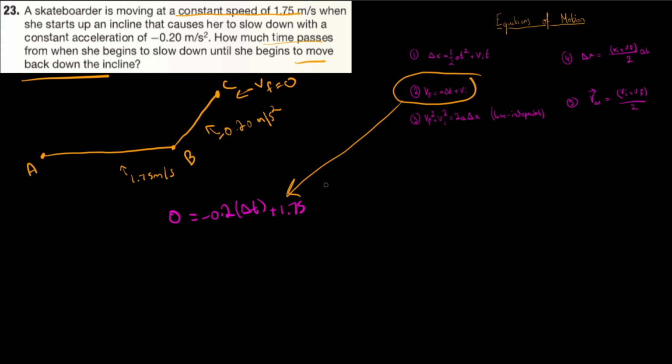And if we just do the formula in a calculator, we will get 8.75. So delta t is 8.75 seconds. And that is the answer.